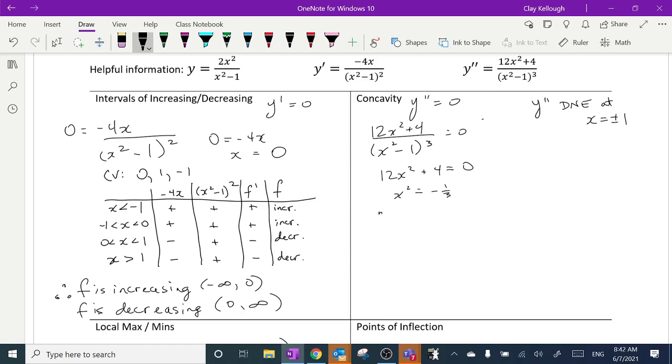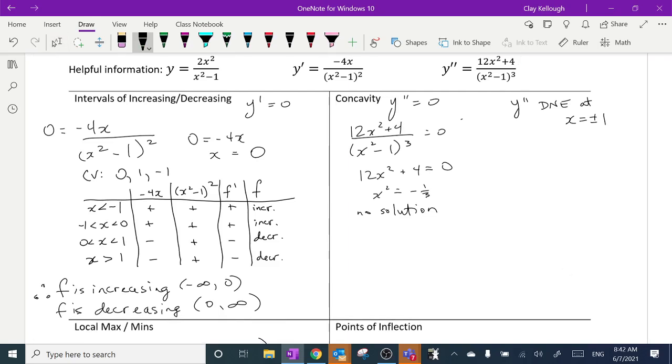And of course, there's no solution to that because you can't square root a negative. So there's no point at which the concavity changes because you've hit a critical value. You're not supposed to call those critical values according to most textbooks. But there's no place where, because the second derivative is 0, you have a point of inflection.